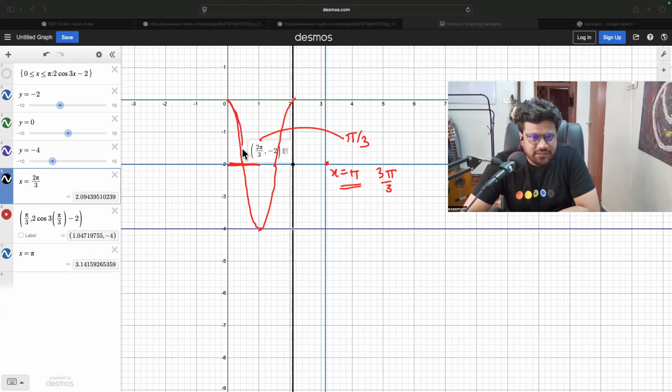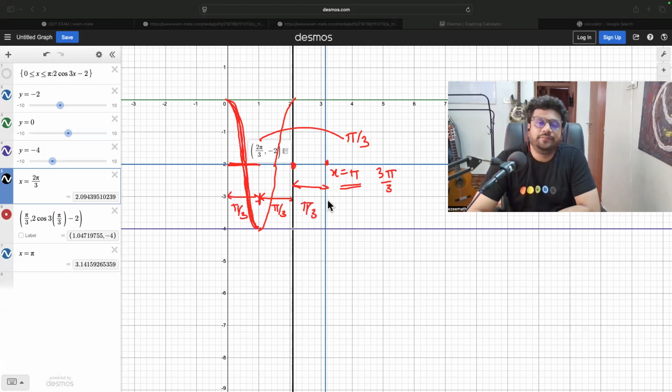I can see it was this part out there. Well, I can draw the same between these two. There's one extra pi by 3, right? Have a look. Pi by 3, pi by 3, and another pi by 3. So I could have gone like that.